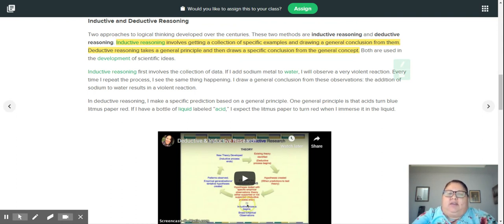Okay. In deductive reasoning, I make a specific prediction based on a general principle. One general principle is that acid turns blue litmus paper red. If I have a bottle of liquid labeled acid, I expect the litmus paper to turn red when I immerse it in the liquid.